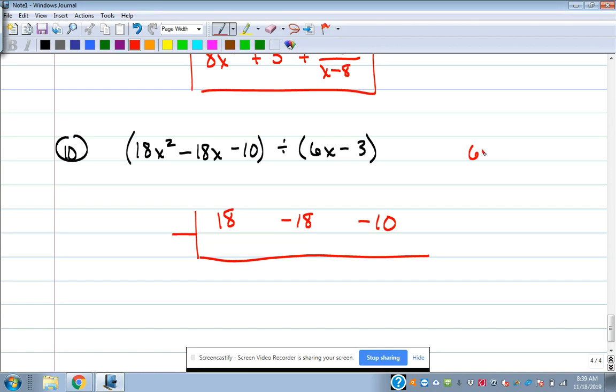All right, so we got 6x minus 3. When you solve that, you're going to get x equals 1/2. So 1/2 goes on the shelf, and it's okay to divide. Here's the thing that we're going to see in the next day or so. As we go into this a little further, we're going to be taking a polynomial and trying to find its zeros, like what we've done with factoring.